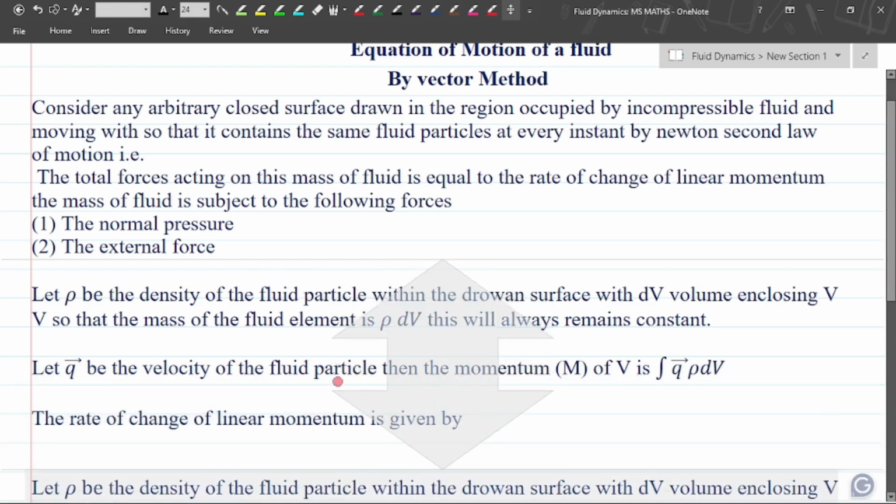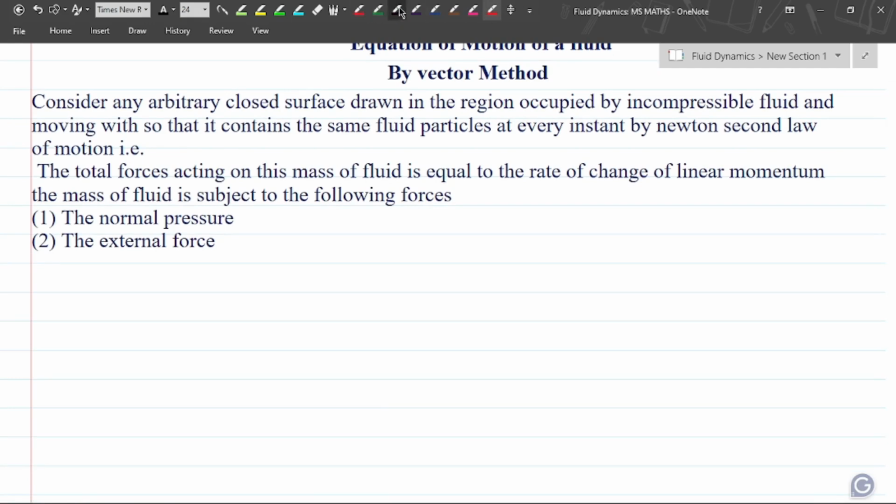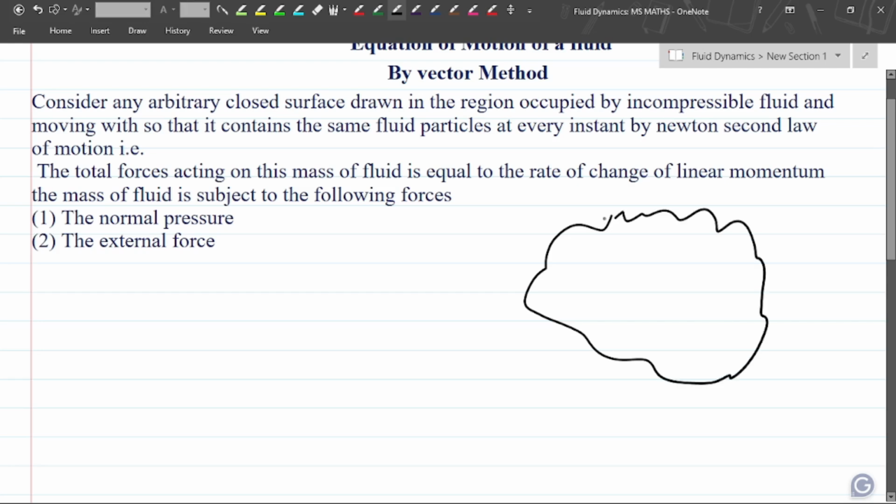So if we have some surface, I can draw this type of surface in this way. This small part is dS of the surface S, and the normal vector for this is n, and the pressure on this surface is p.